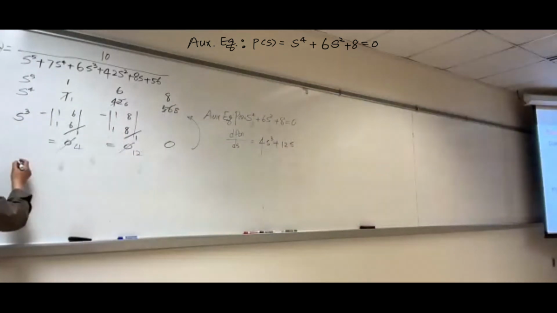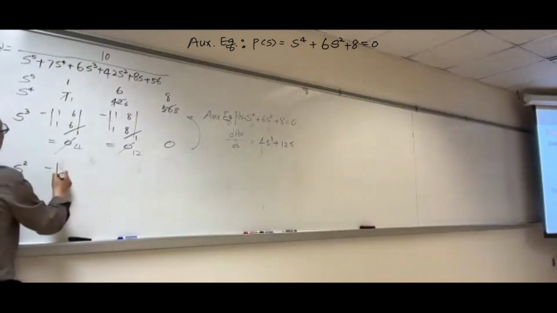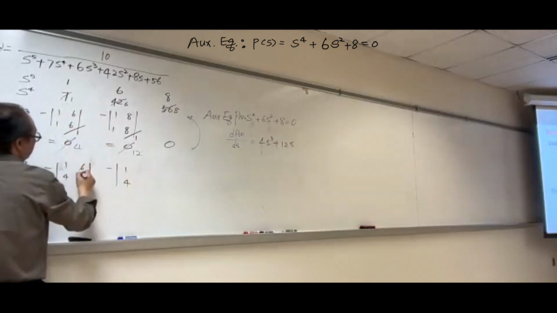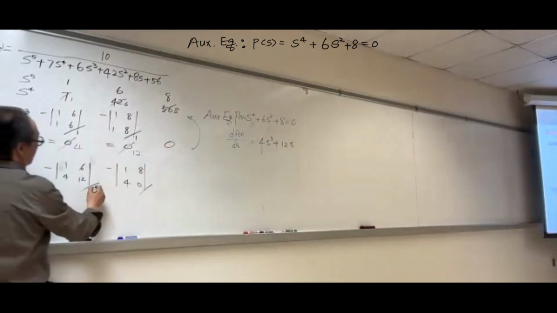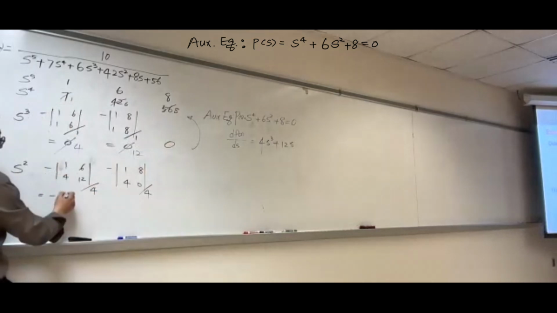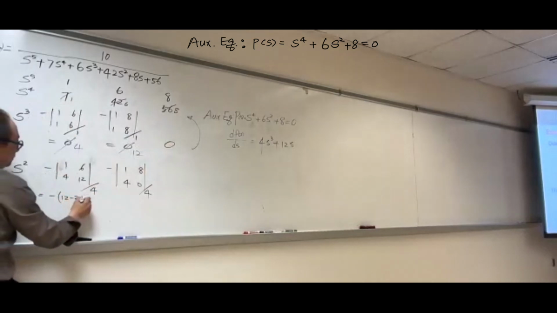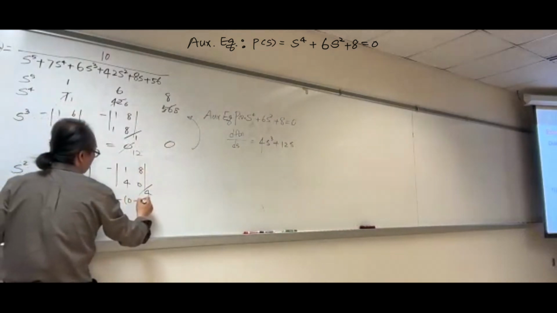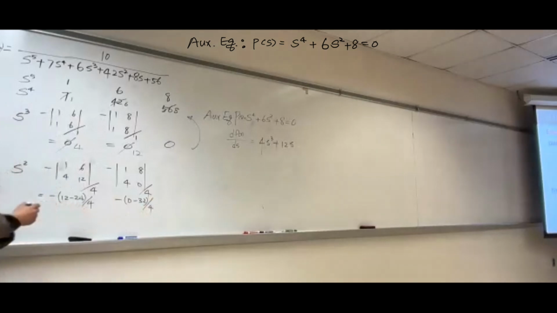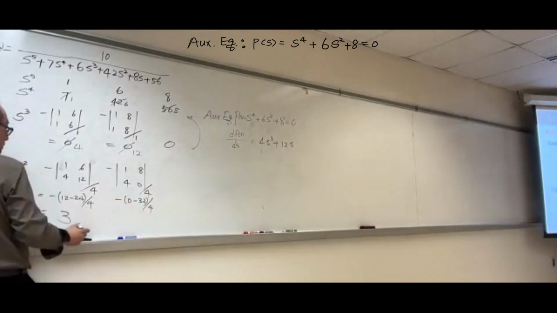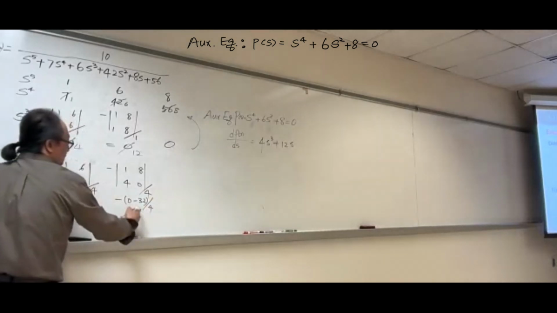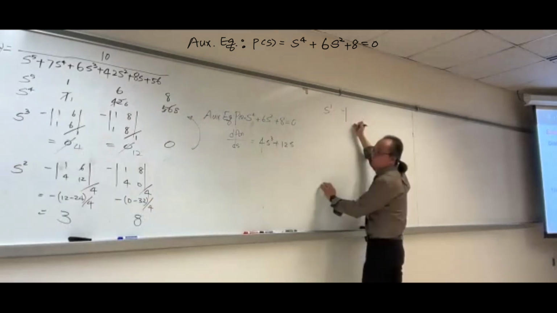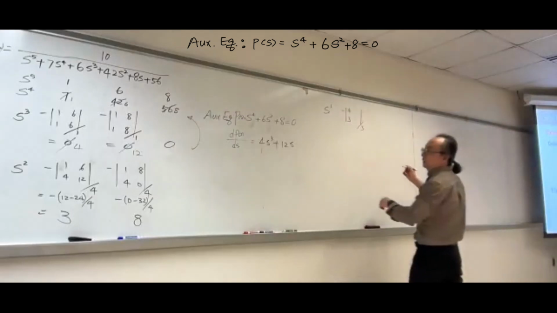So the next one, s squared, is going to be negative, 1 and 4, 1 and 4, 6 and 12, 8 and 0, divide by 4, and that is negative 12 minus 24 over 4, negative 0 minus 32 over 4. That is positive 12. So it's a 3. It's a positive 32. And then s to the 1, negative 4 and 3, 12 and 8.